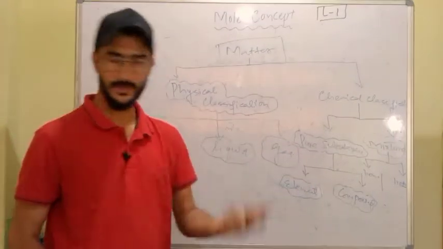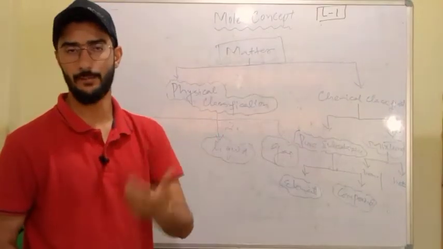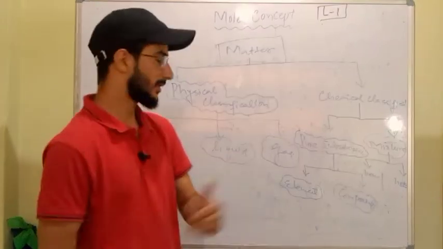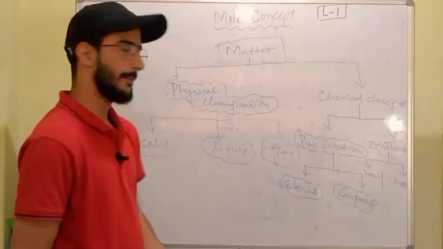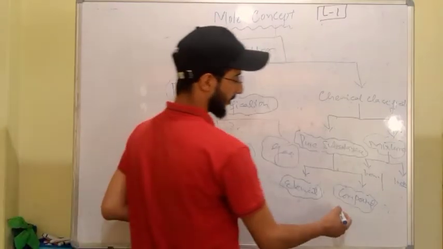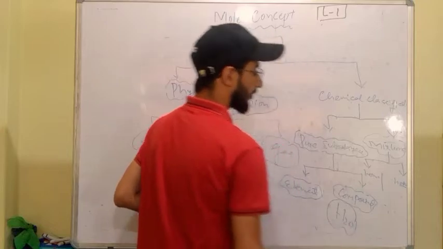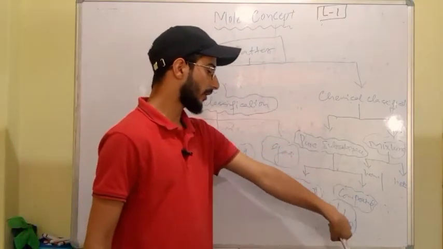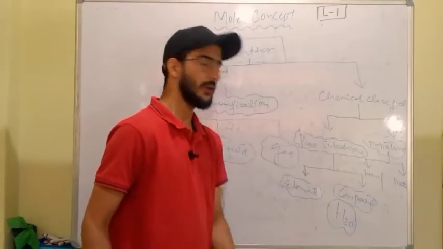Elements are the substances which are made up of only a single type of atom. And compounds are made up of the same type of molecule, like water. Water in the pure state is H2O, and in every part of the water I get this formula, H2O.